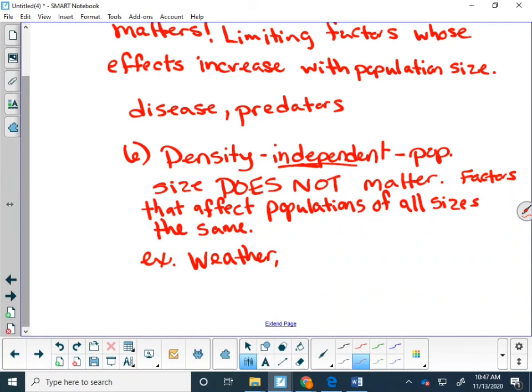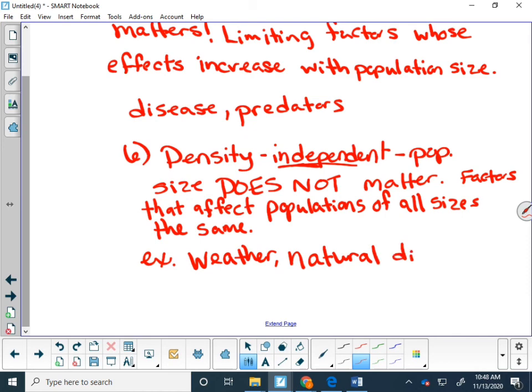So I can't remember if it was an early frost or a late frost, but there was an unexpected frost and it killed the majority of crops in that area. And so it didn't matter if you had a farmer with 15 apple trees or 1,500 apple trees, they were all affected by that frost. The weather created an unseasonable limiting factor that affected all the apple trees in that population.